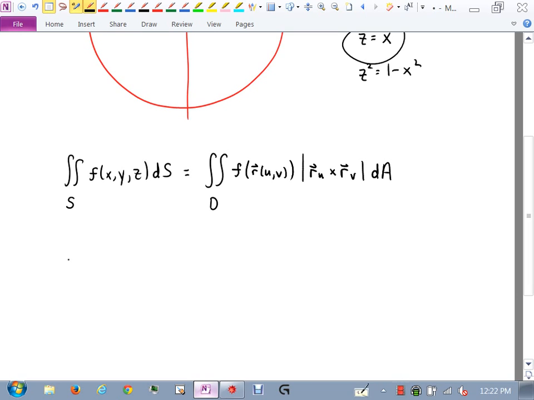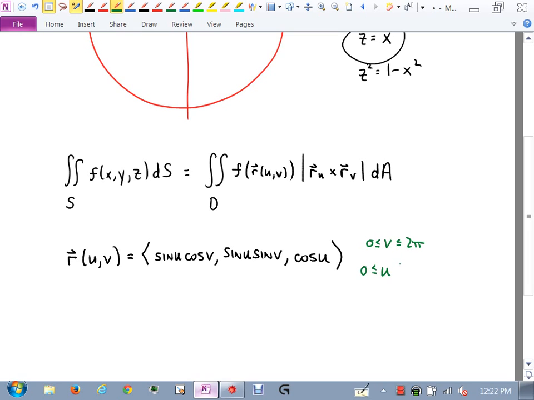What is our vector function? Well, it's the one that draws the sphere. So we've used this now, what's the third or fourth time we've used this today? But our restrictions are that v can go between 0 and 2 pi, but u has to be between 0 and pi over 4.